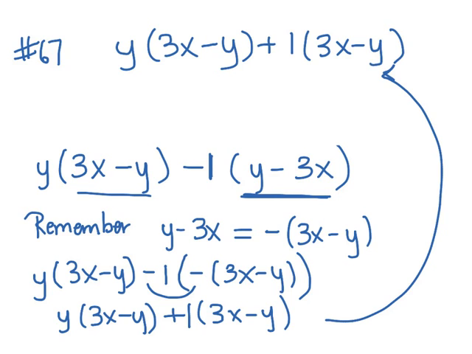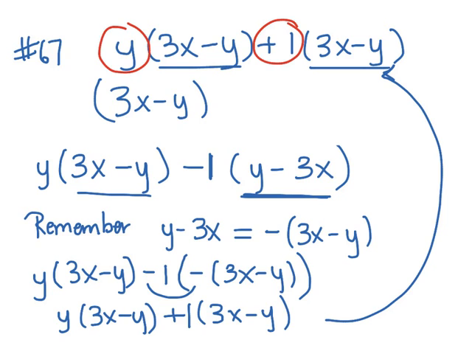And I am now left with, I can pull out my 3x minus y here. And I've got a y and a plus 1. So I can do a y plus 1. And that's my final answer.